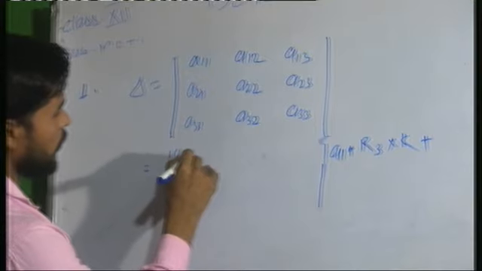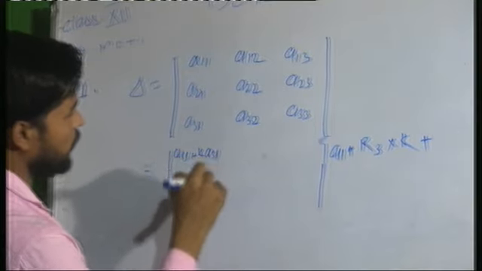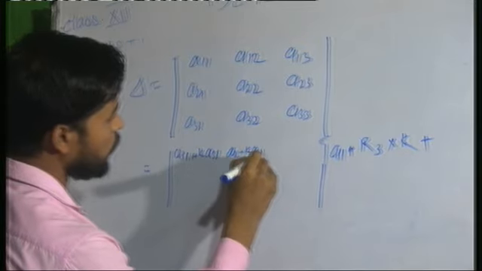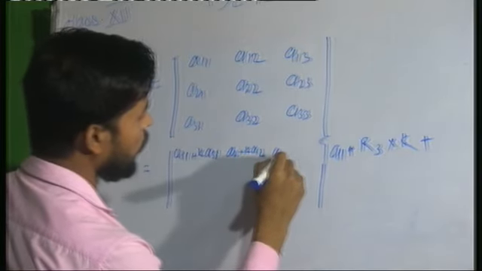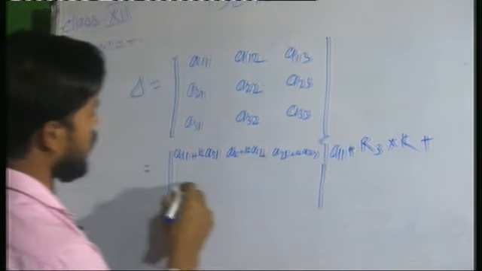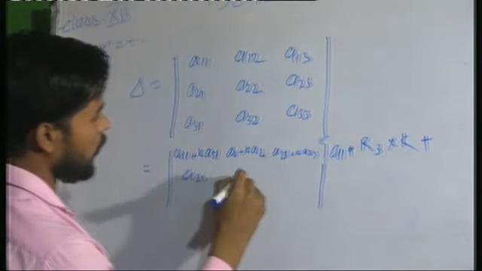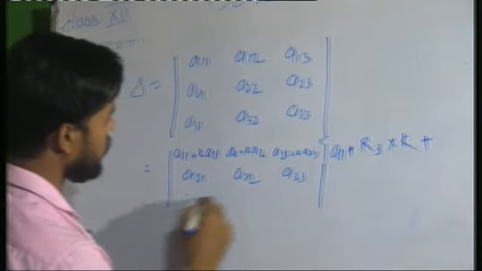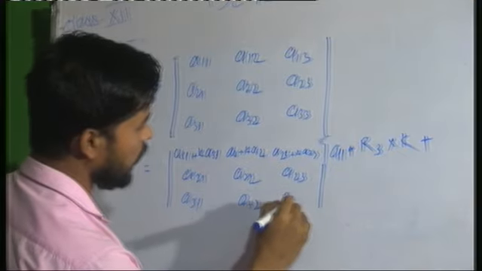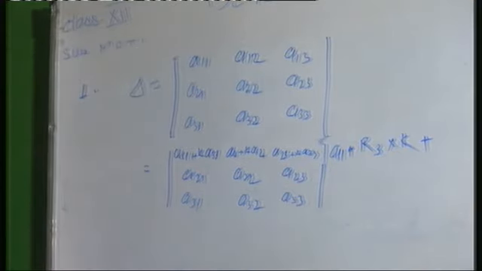Means A11 plus k into A31, A12 plus k into A32, A13 plus k into A33, and the remaining rows are the same: A21, A22, A23, A31, A32, A33. The value of the determinant does not change.